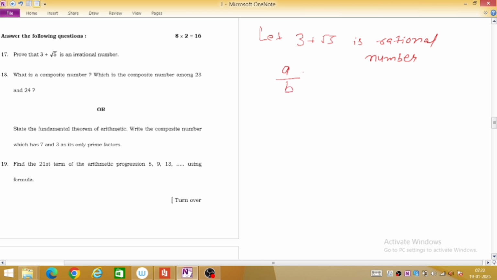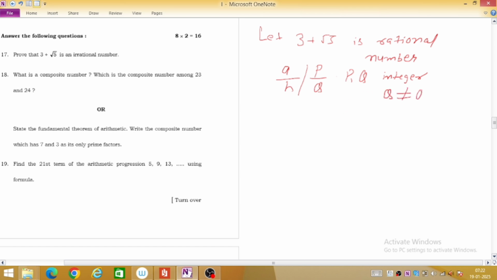Anything you let, P by Q, or A by B, where P and Q are integers and Q not equal to 0.